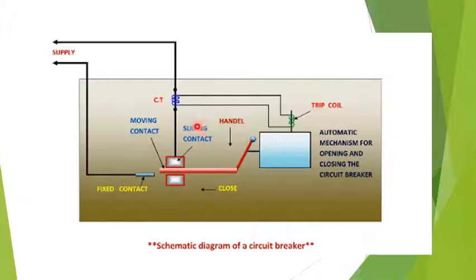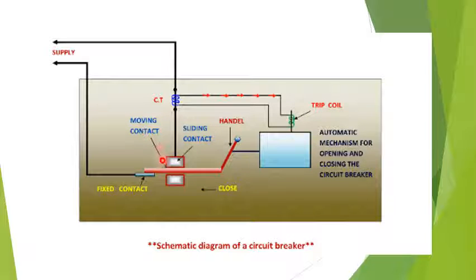Here is a simple picture of how exactly the relay and the circuit breaker work. Here this is a supply and this is the current transformer. This is connected to the relay, and this is the whole circuit breaker. It can operate manually or it can be operated automatically by a remote control. It has two contacts, one is the fixed contact and one is the moving contact, which is moving between the two sliding contacts.